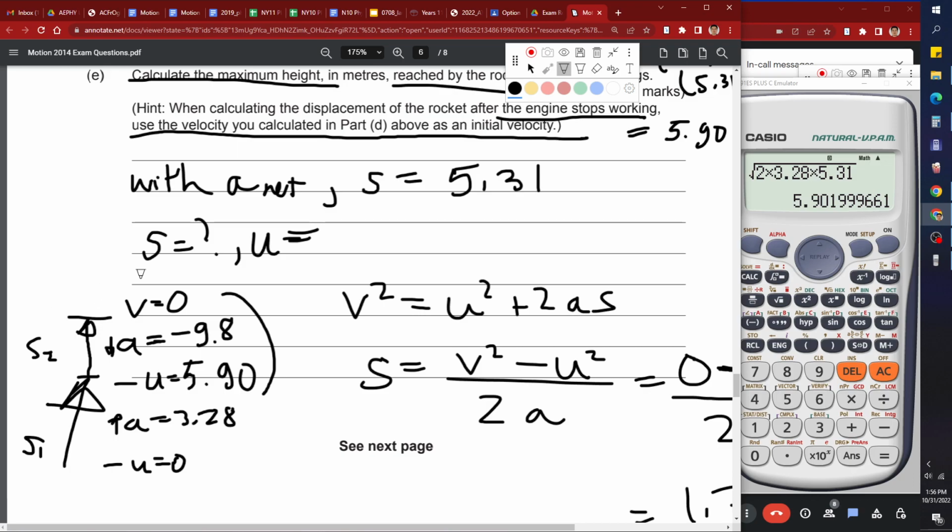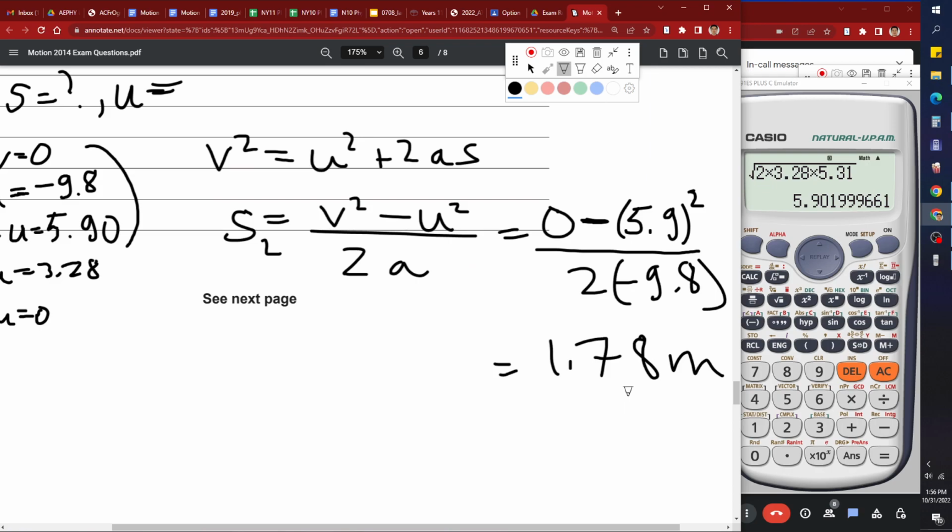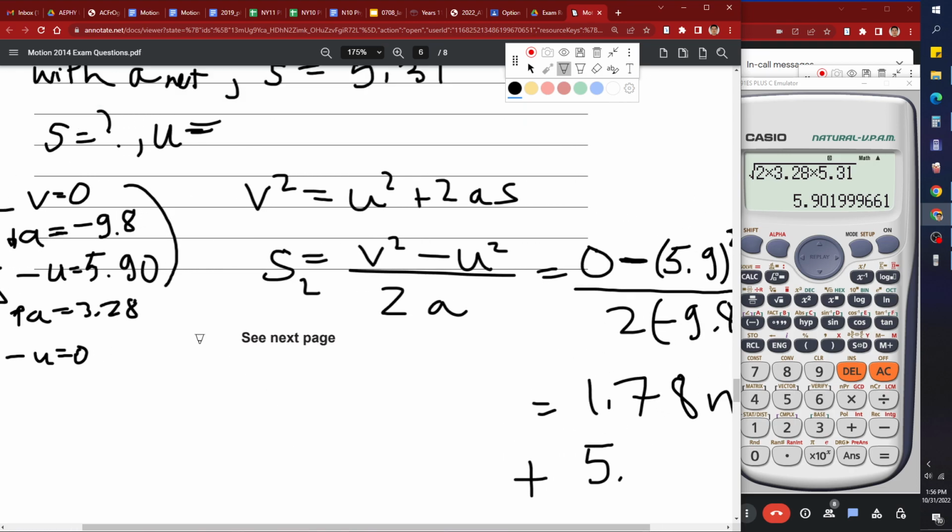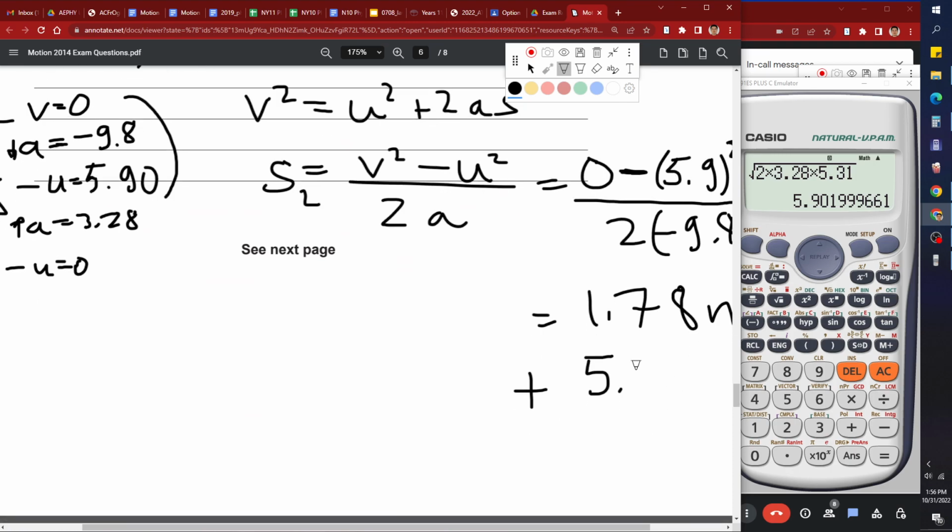That means these two we add together. There's S2. We're going to add that to the original height, which is 5.31. Yep, and then there is our total, the max height.